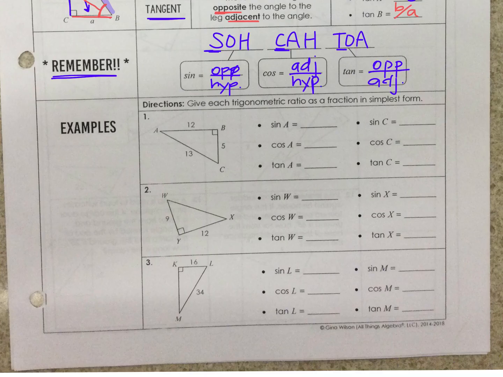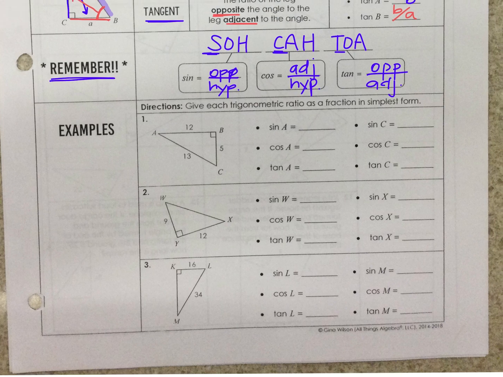Now I'm going to take my SOHCAHTOA and write fractions for it. What's the sine of A? Angle A is right here. Sine is opposite over hypotenuse, and our hypotenuse here is 13 every time. So 5 over 13.